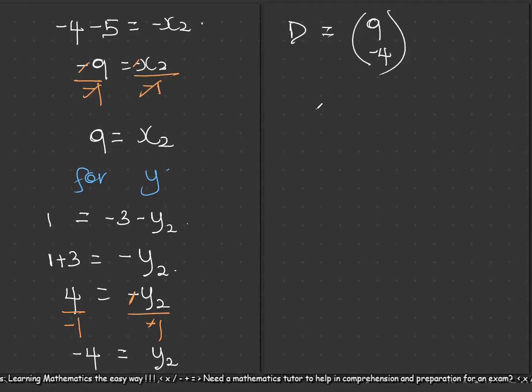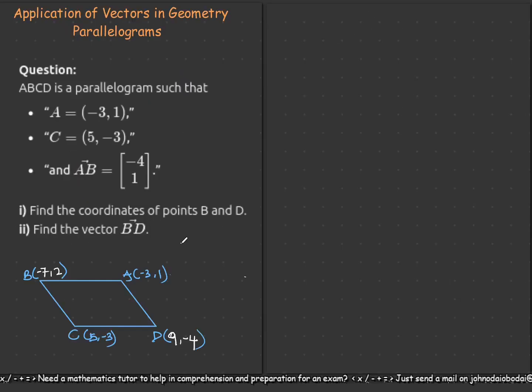So we've been able to solve for both points just by using the property of a parallelogram, which says opposite sides are equal. With that cleared, we have to find the vector BD.